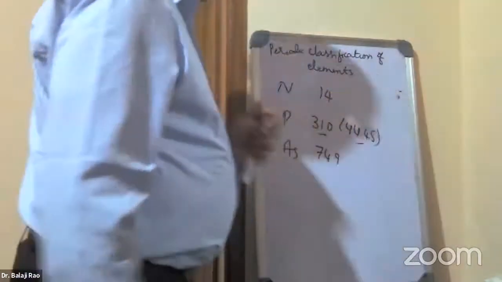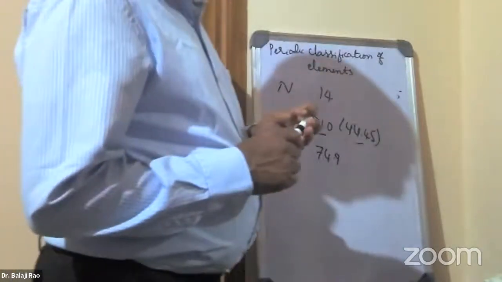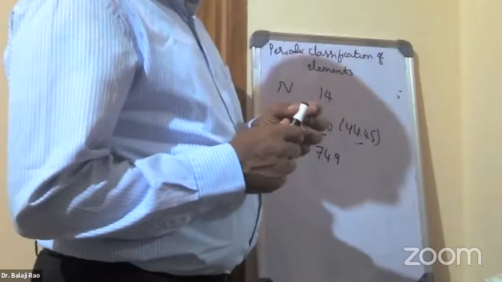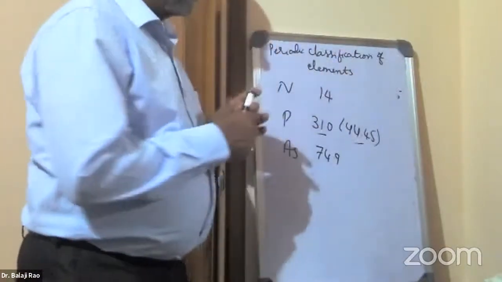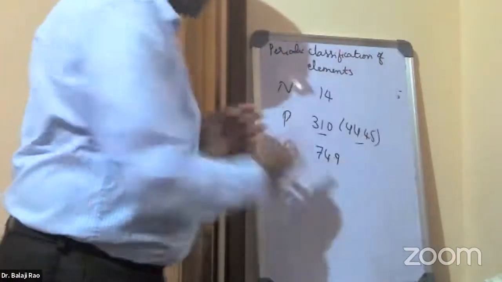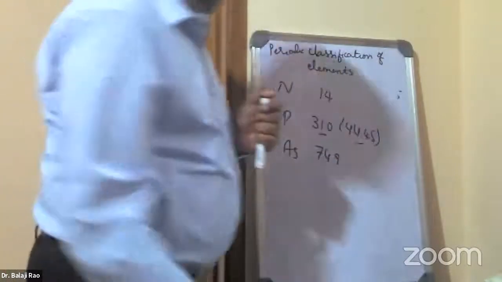So you find that the halogen triad and the triad of alkaline earth metals were quite consistent with what Dobereiner's triad was talking about, but it did not meet the requirements for other elements also.